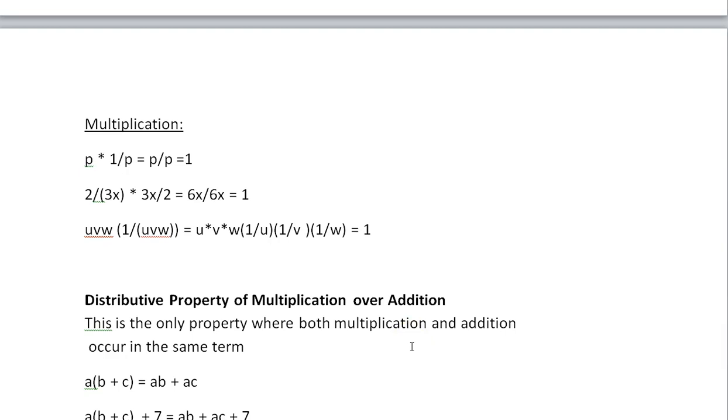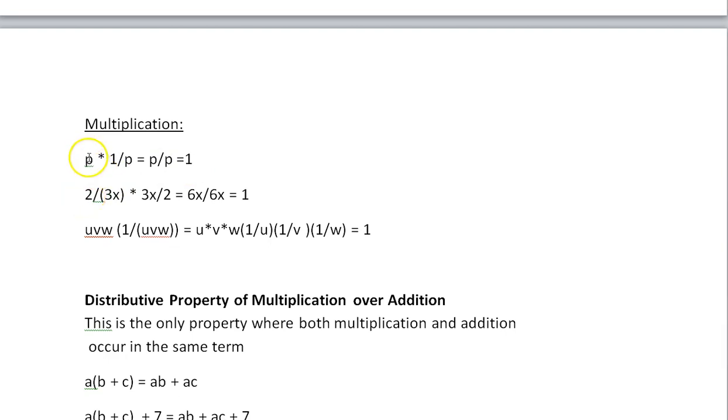So for multiplication, I'm going to just finish up this one piece, and then I'll come back and do the distributive property and from there on out. All right, so the multiplication, we've got P, which is the same as P over 1, times 1 over P. When I multiply those two fractions together, I get P over P, which is a 1.